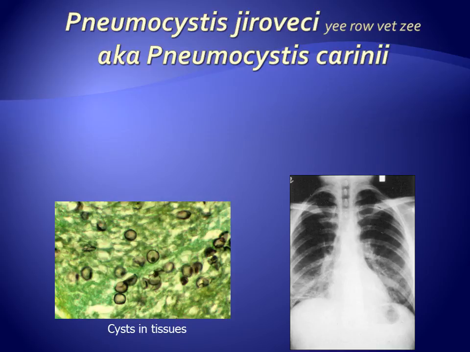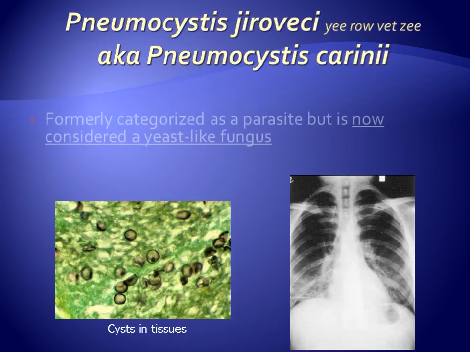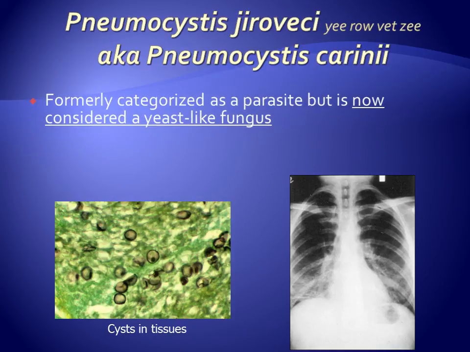We're going to finish up by looking at an organism called Pneumocystis jirovecii. It previously was known as Pneumocystis carinii. This organism was previously categorized as a parasite. In your textbook, it's still with the parasites, but now the science has moved it into more the yeast realm of life.